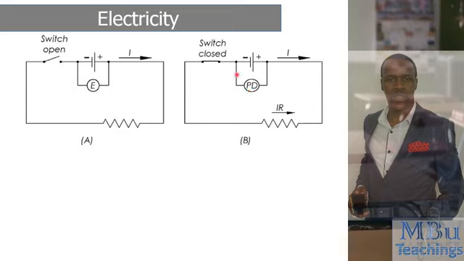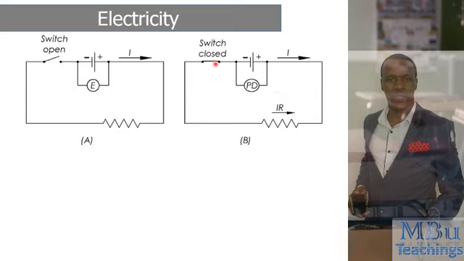Why is that? When it's open and you measure between your poles, you'll notice that the voltage reading you get for EMF is different from the one you get for the potential difference, even though you are measuring the same circuit.